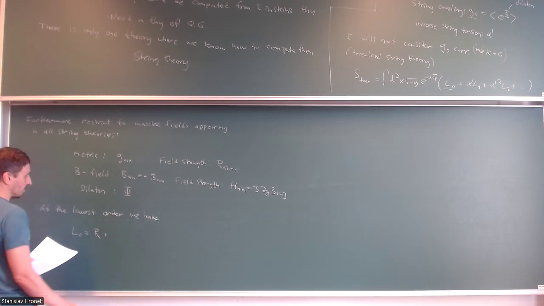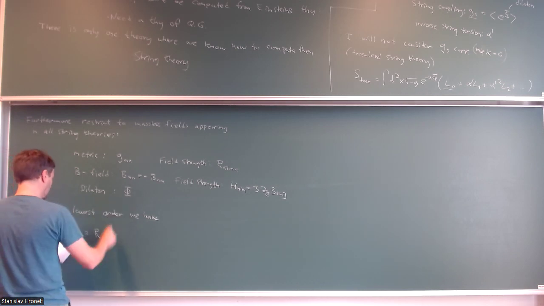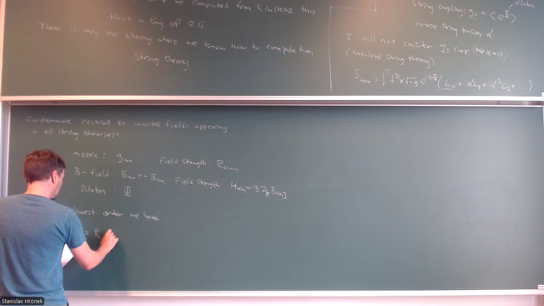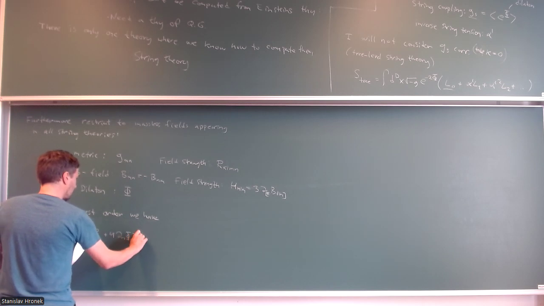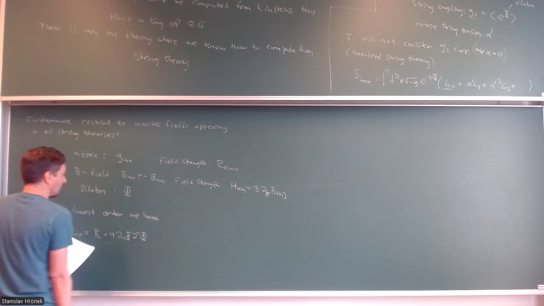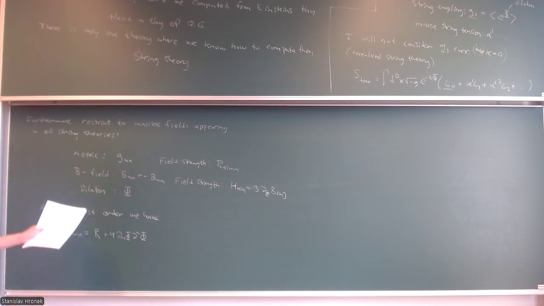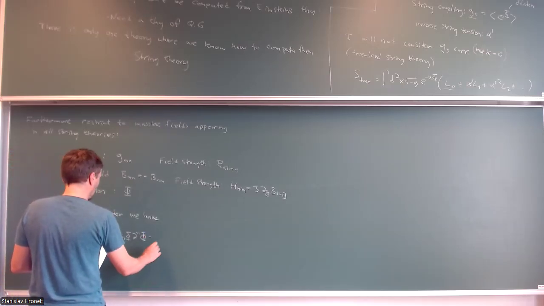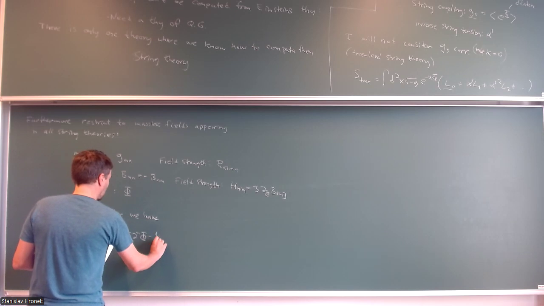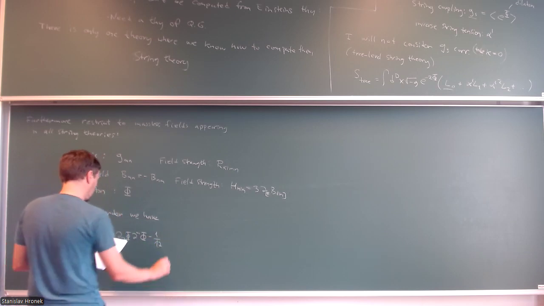But then there are kinetic terms for the other fields. The kinetic term for the dilaton is 4 times the square of its gradient. And then the kinetic term for the B field is the square of the field strength, minus 1/12 times H squared.